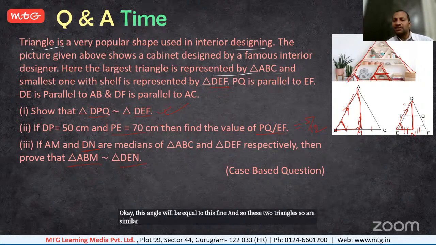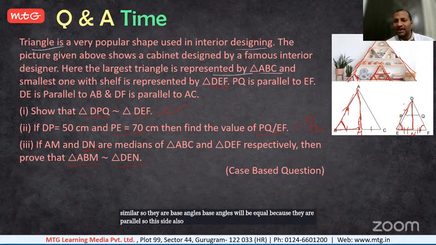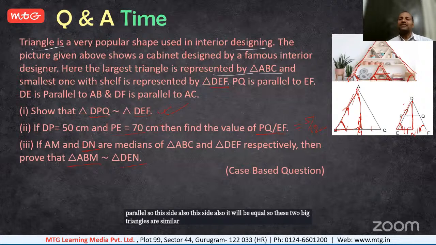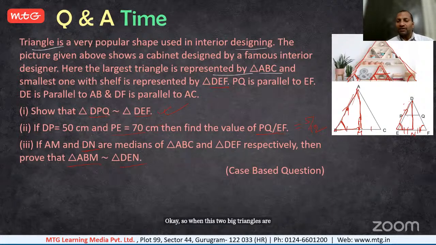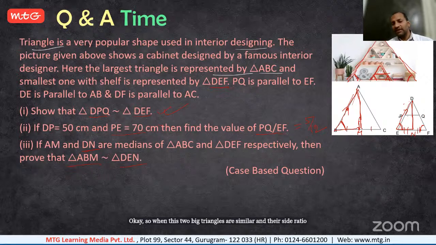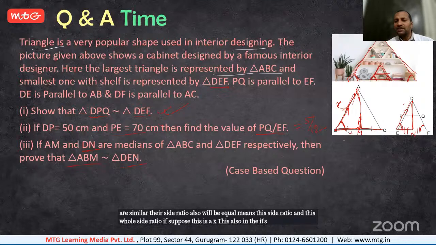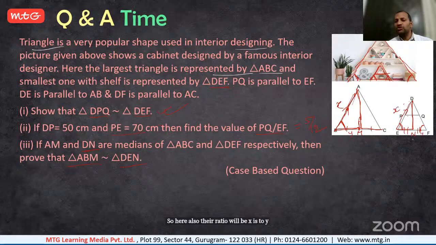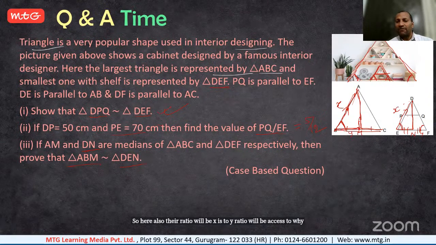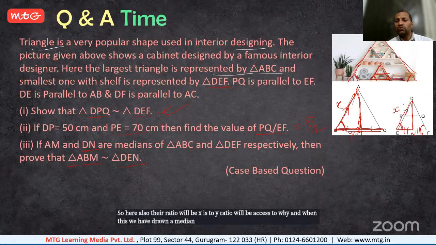Their base angles will be equal because they are parallel, so these two big triangles are similar. When they are similar, their side ratio will also be equal. Suppose this ratio is X is to Y, here also the ratio will be X is to Y. When we draw a median, it becomes Y by 2, and here also it is a median, so it will be Y by 2.